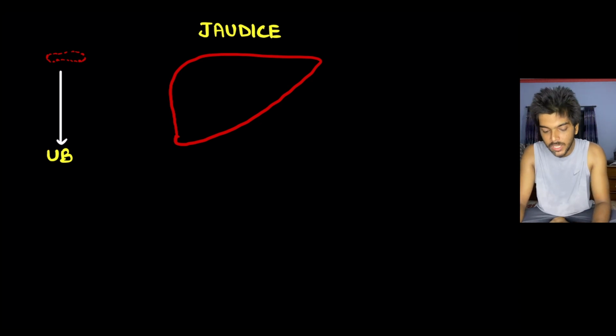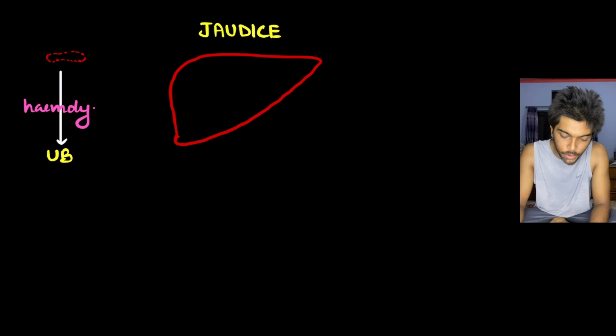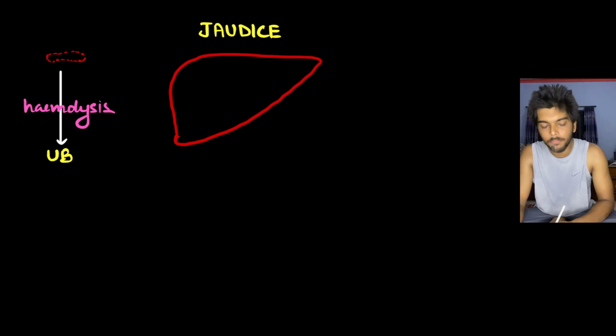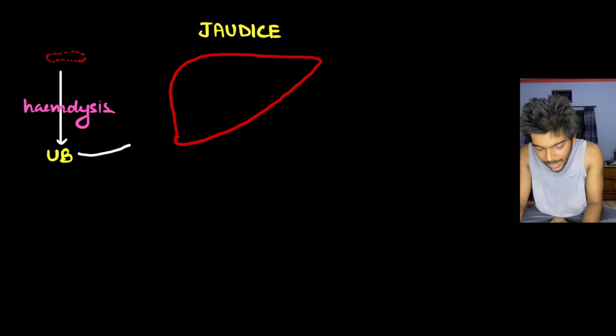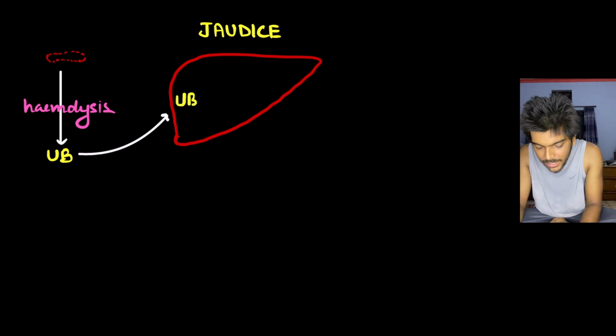The process which allows this to occur is referred to as hemolysis. The breakdown of hemoglobin to unconjugated bilirubin is hemolysis. After hemolysis, the unconjugated bilirubin present within your blood is carried to your liver by albumin. So unconjugated bilirubin is first taken up by the liver cell.